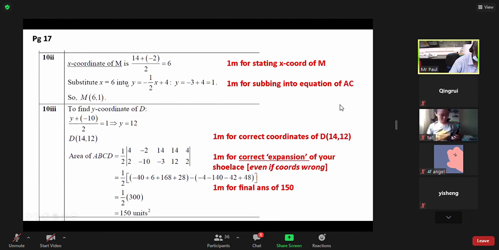If you look at your question, you already have the coordinates of C from part 1. If you look at the diagram, you should be able to find the x coordinate of M, okay?